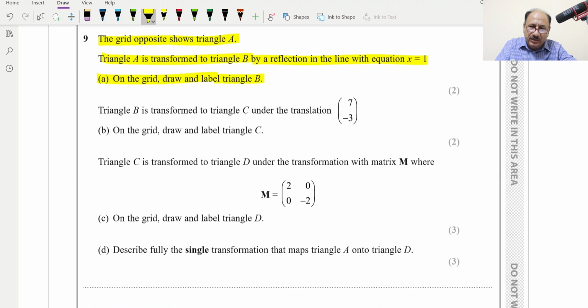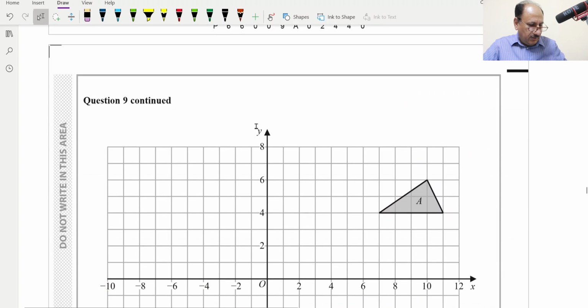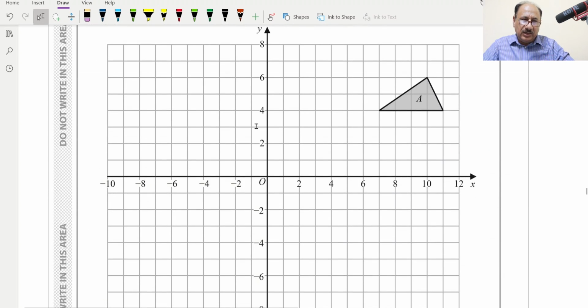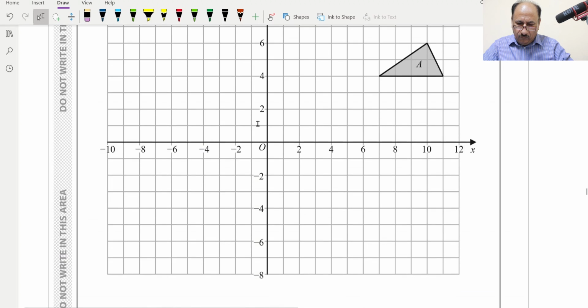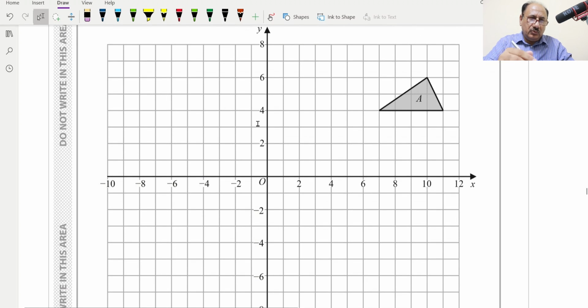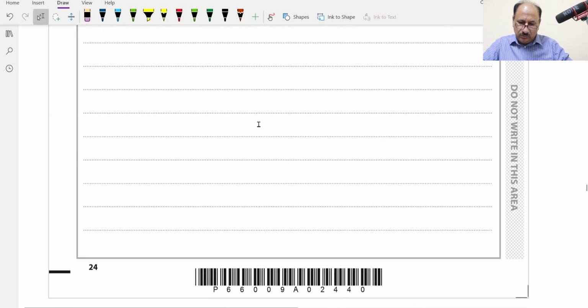Draw and label the triangle B. So it is reflection in the line x is equal to 1, which will be our requirement. Is it y is equal to 1 or x is equal to 1? I think so, yeah, x is equal to 1.